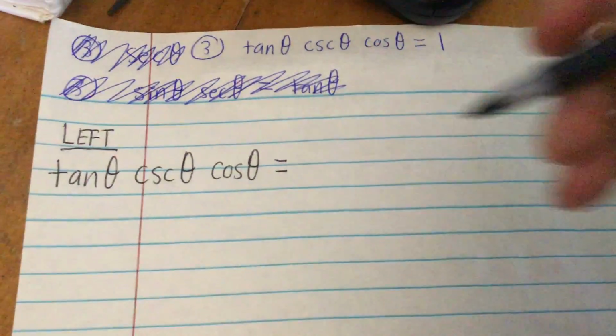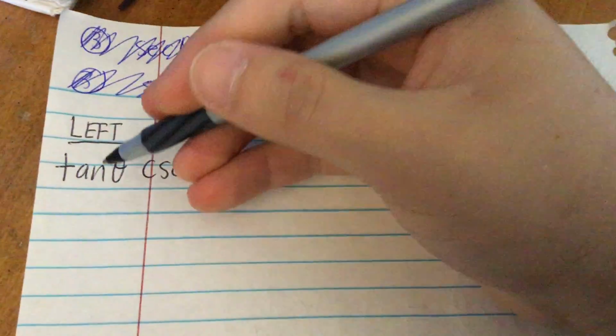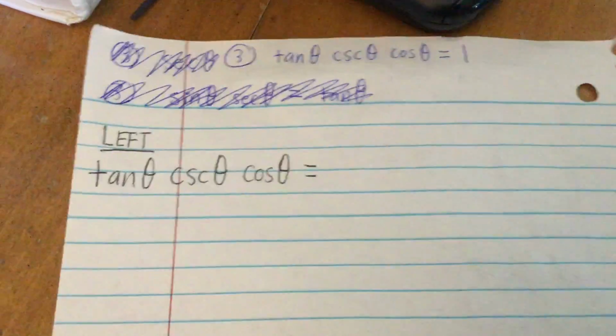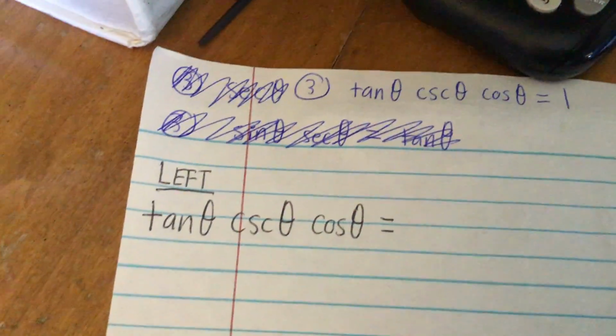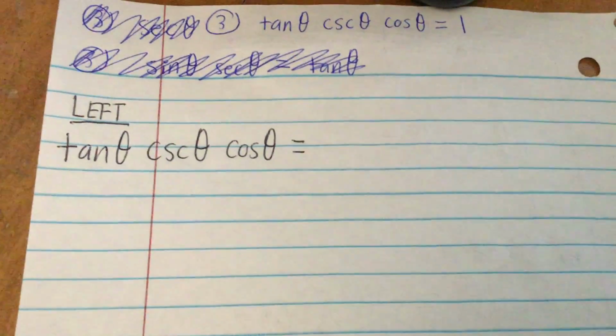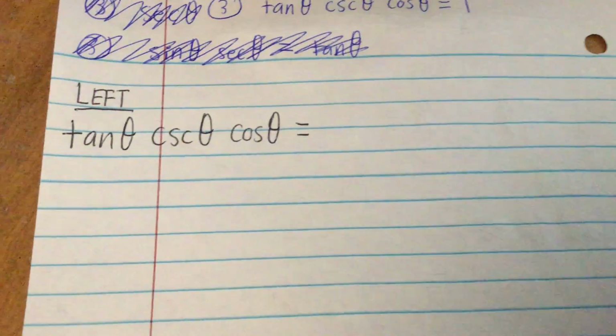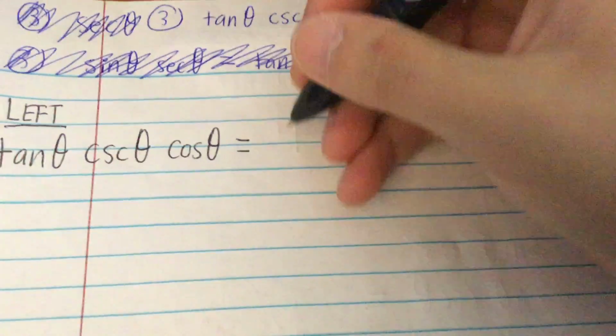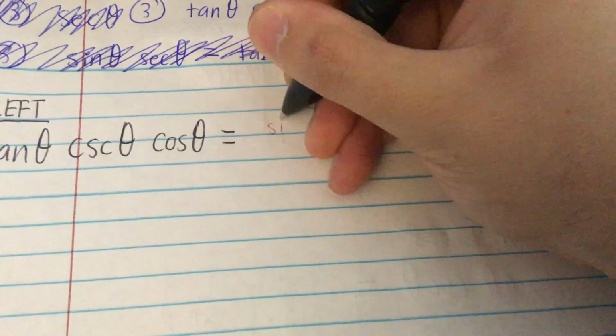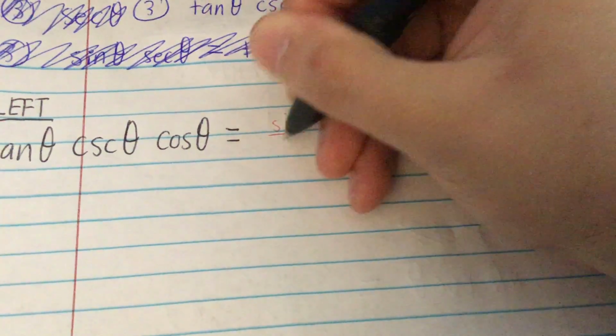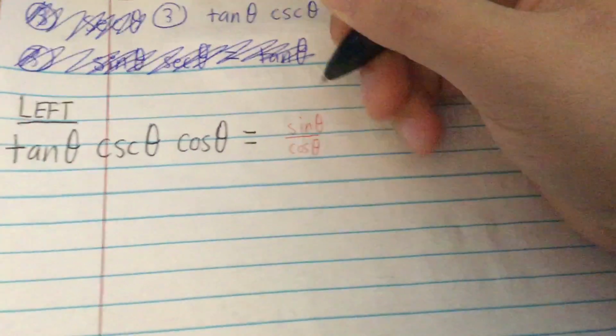Well, oh boy. So can I rewrite tangent? Yes, so let me get my multicolored pen since I'm going to be using 2 colors here. So I'm going to rewrite tangent as sine over cosine, right? And you don't have to do this in color. I just like to use color because it helps me out.